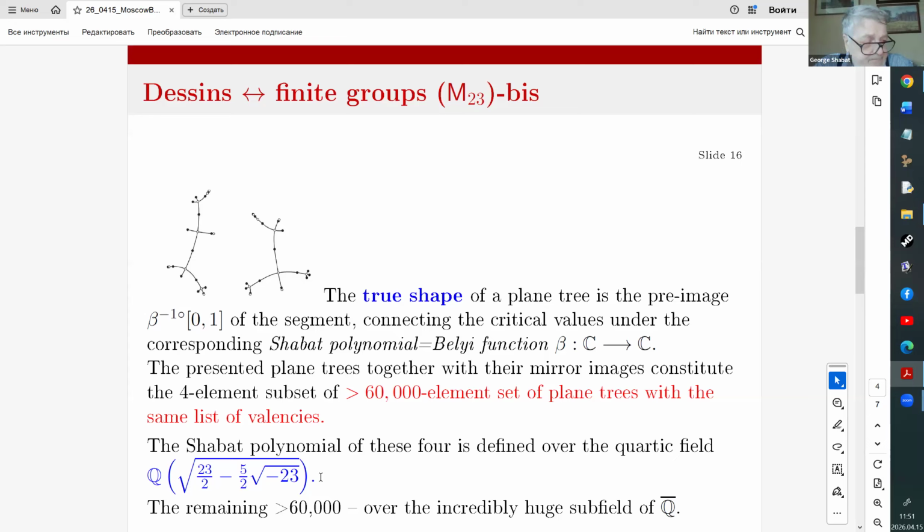But as you see, we twice see the number 23, and the field of definition of these ones is the biquadratic field, some extension of Q of the square root of -23.